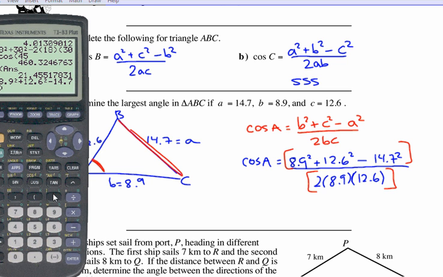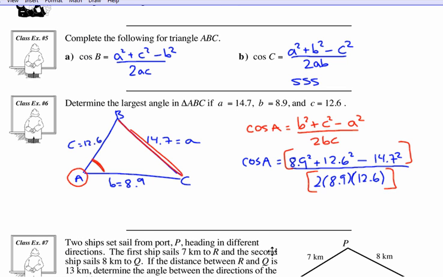Close your numerator. Divided by bracket, 2 times 8.9 times 12.6. Close your bracket, right? As long as you do that, you will be okay. So that should not alarm you. So I get cos A equals 0.975 or 0.976.